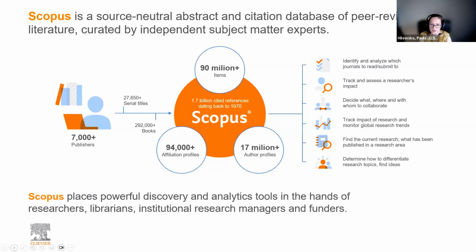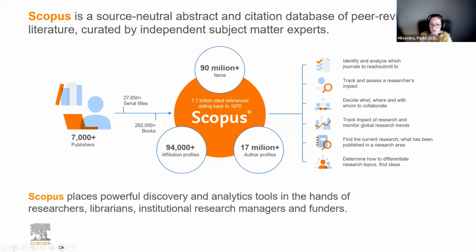But in Scopus, you will find information about more than 90 million documents coming from 7,000 publishers. The aim of this database is to show you the wide scope of scholarly publishing globally, okay?